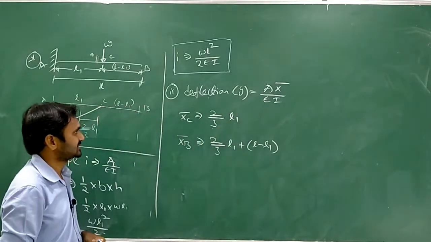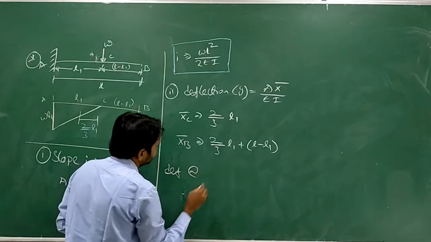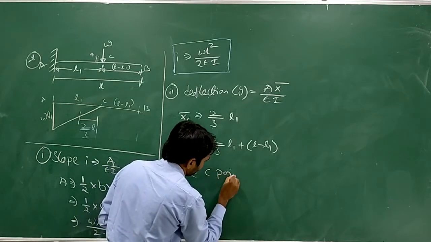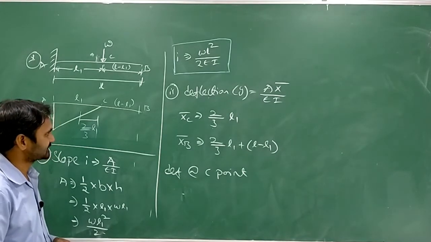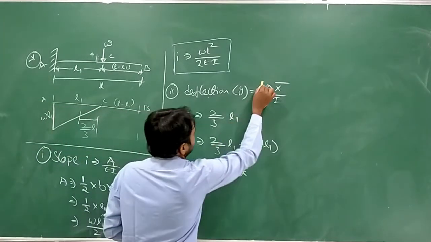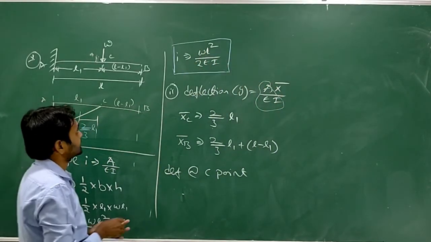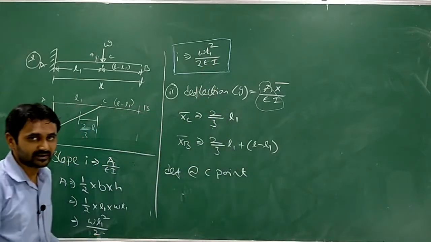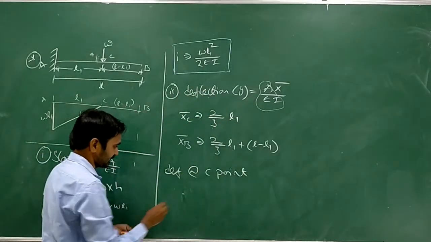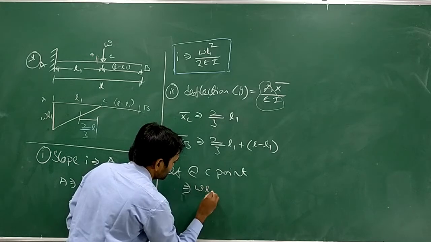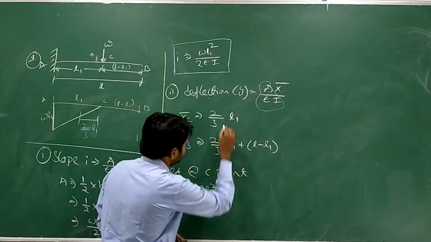Now let us see the first deflection, the deflection at point C. As we carried out earlier, A by EI is nothing but WL1 square by 2EI, here it is L1, sorry. So WL1 square by 2EI into x bar, which is 2/3 of L1.